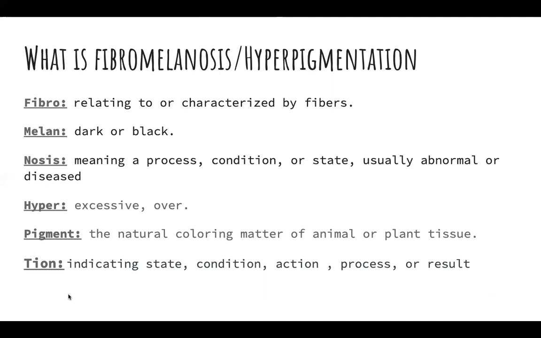The way fibromelanosis sounds is like a horrible mutation or disease. The definition of fibromelanosis is abnormal accumulation of dark pigment, melanin, in the dermis and connective tissues in the formation of the avian body. Instead, we will call it superpigmentation.